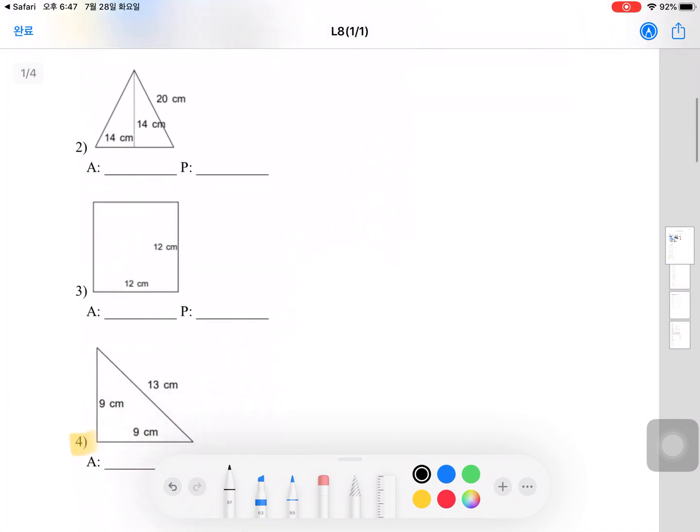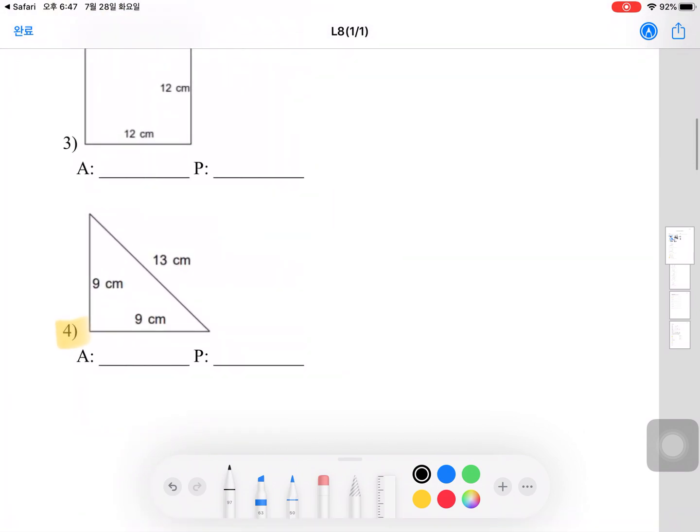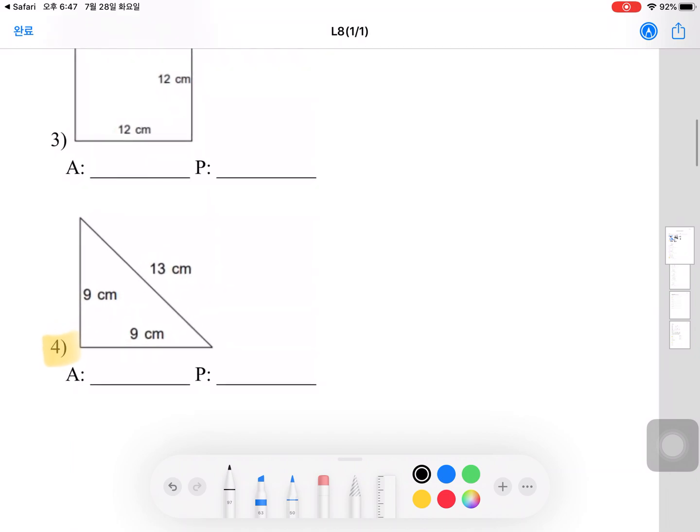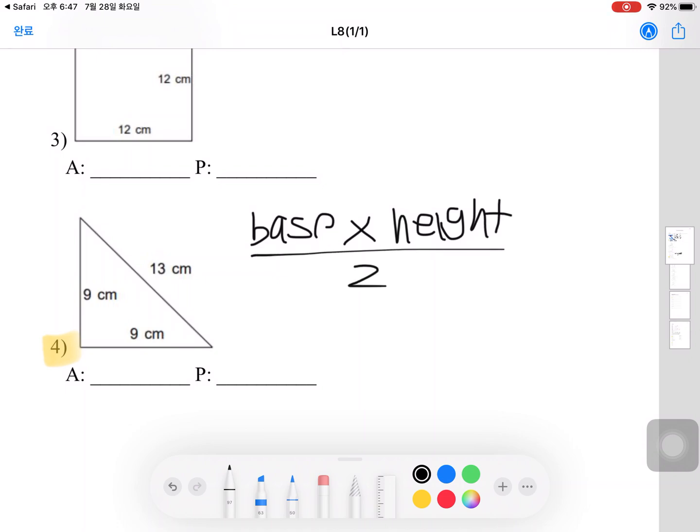Let's try number 4. This time, we're going to be working with triangles. Now, before we start, since we're going to be finding the area, you want to take note of the area formula of a triangle, which is base times the height, and you want to divide that by 2. Now, with that in mind, let's get right to it.